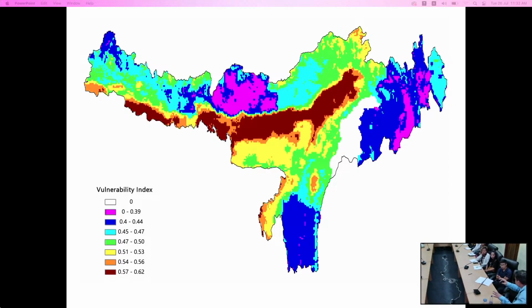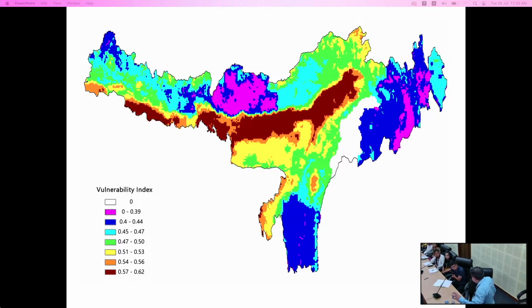They have estimated a vulnerability index for different areas, then they have clustered. So, estimation of vulnerability index and clustering are different techniques that you use in GIS for producing this kind of maps. Here you see the brown color shows you the areas with maximum vulnerability.